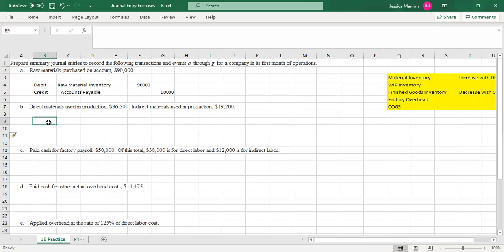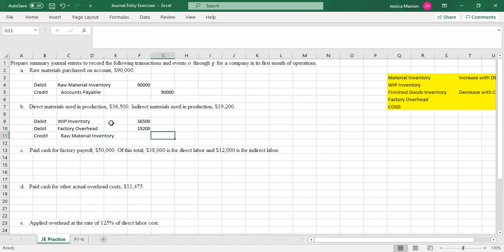Because remember, indirect materials fall into that factory overhead cost category. So this one we would debit work in process, which, like we said in class, I'm just going to call work in process inventory, WIP inventory. So we debit work in process for the direct material amount. We debit factory overhead for the indirect material amount. And both the direct materials and indirect materials came from raw material inventory, so we're crediting raw material inventory.